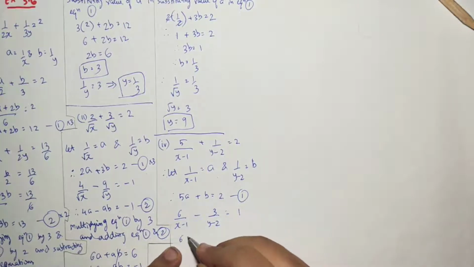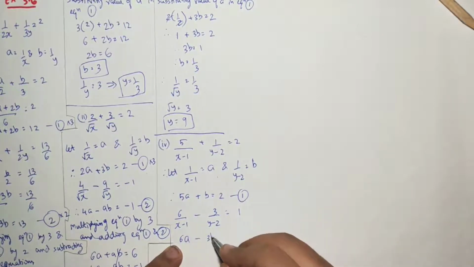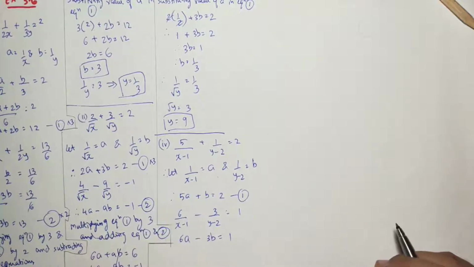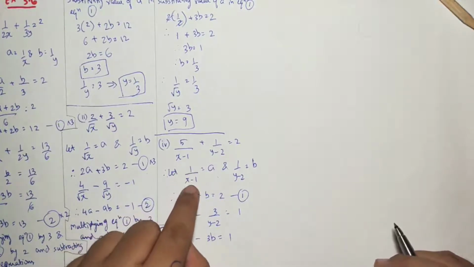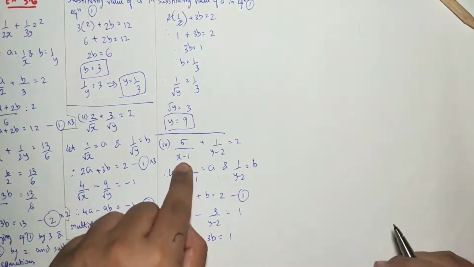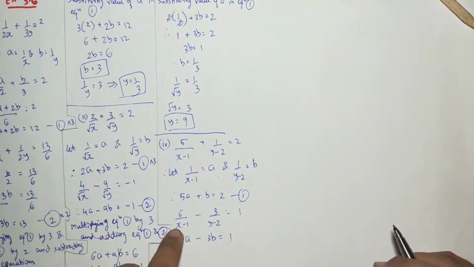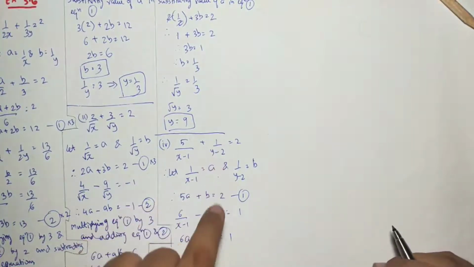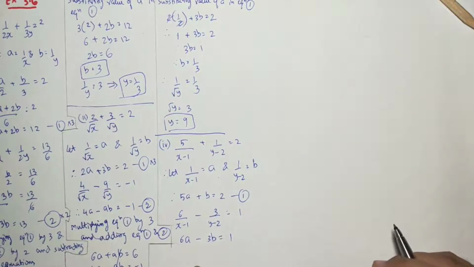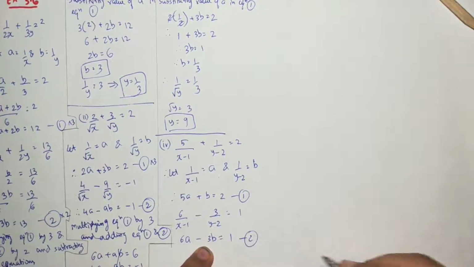This will become 6a minus 3b equals to 1. Always remember that it will always be 1 by x minus 1. If there is a binomial denominator in the first equation, the same will be in the second equation. Same to same. There will be no change if it's a binomial. So this becomes your second equation.